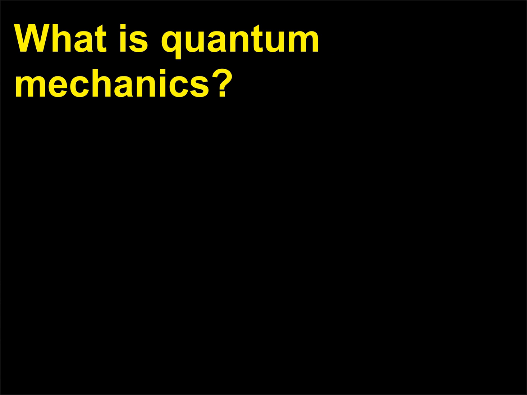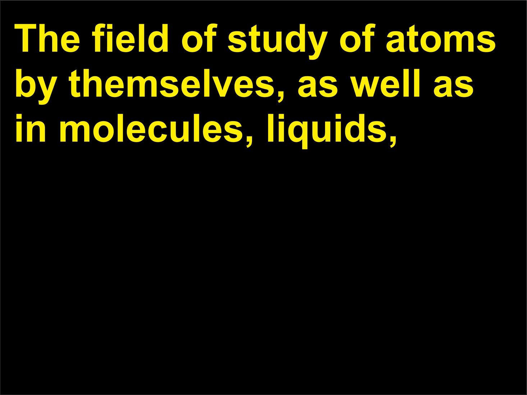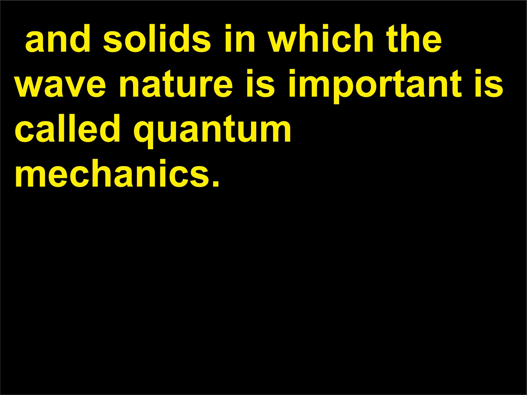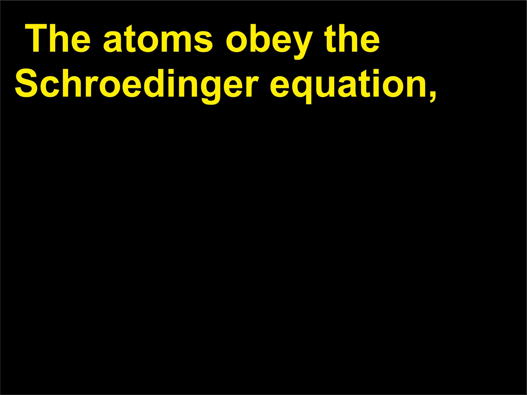What is quantum mechanics? The field of study of atoms by themselves, as well as in molecules, liquids, and solids in which the wave nature is important is called quantum mechanics. The atoms obey the Schrödinger equation.